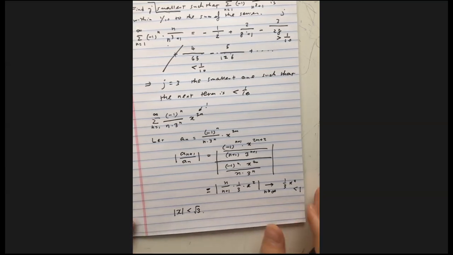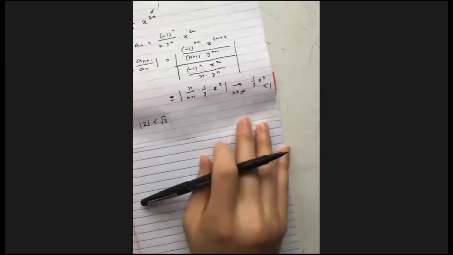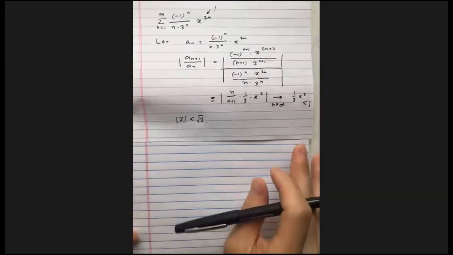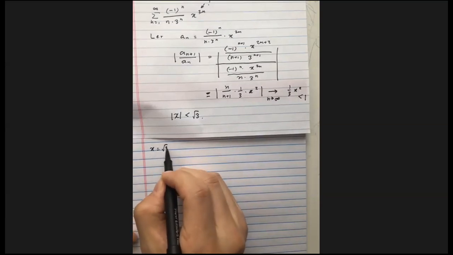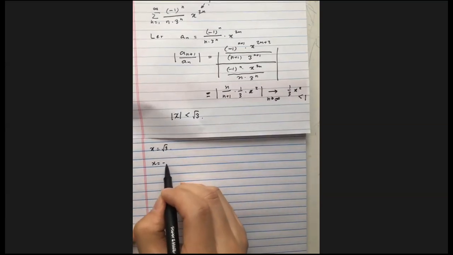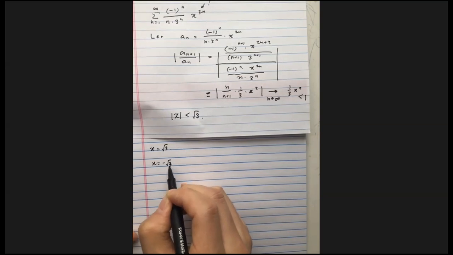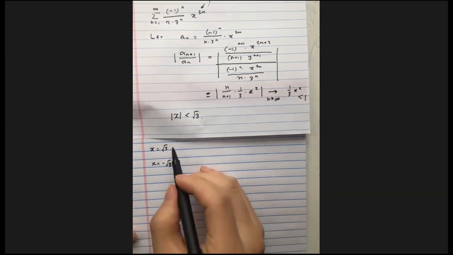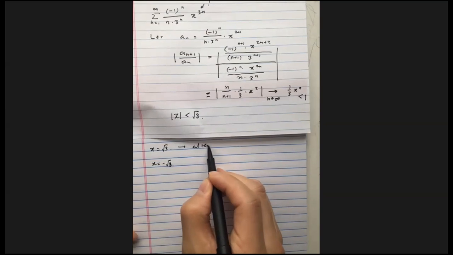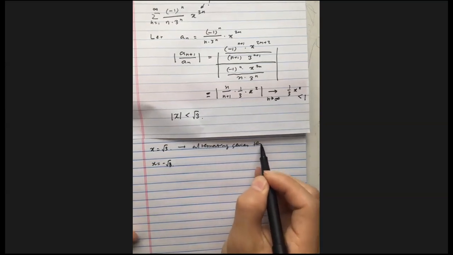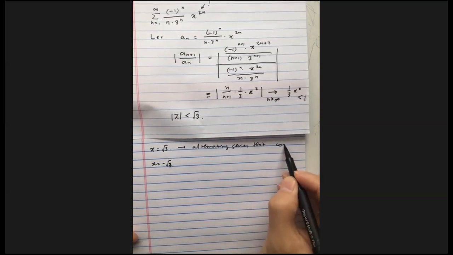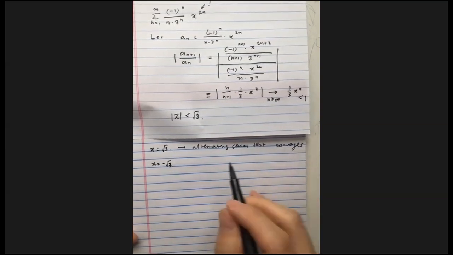So the next thing is to determine whether the boundary points are included or not. The boundary points are given by the following: we are going to look at x equals √3 and also x equals -√3. When x equals √3, you get an alternating series, which means it's converging there. I will omit the details, but let you guys do that.